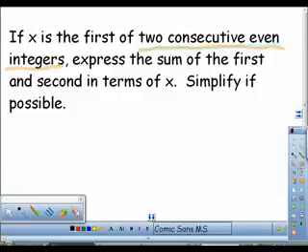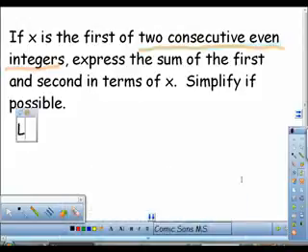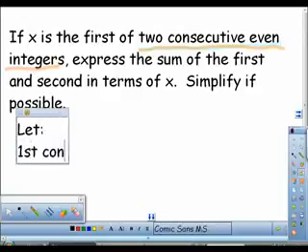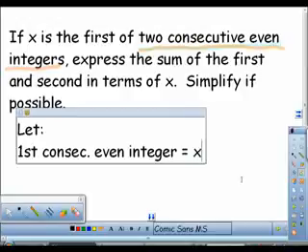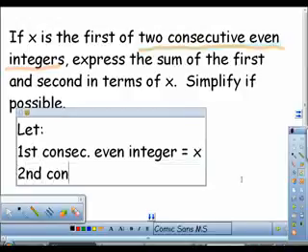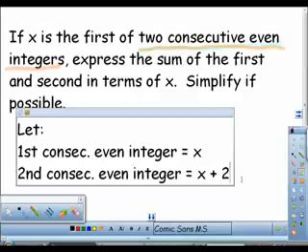So let's go ahead and write the pattern for two consecutive even integers. Our first consecutive even integer is, what are we going to call it? Our second consecutive even integer, what are we going to call it? X plus 2, that's right, only plus 2. And we only had 2, right? So we've taken care of that part.